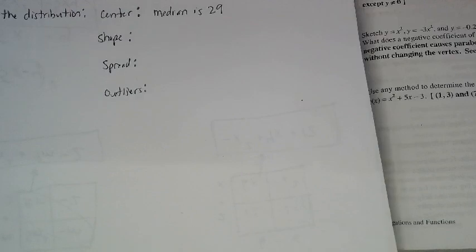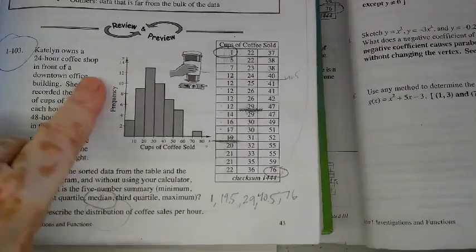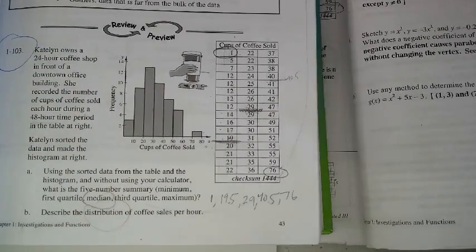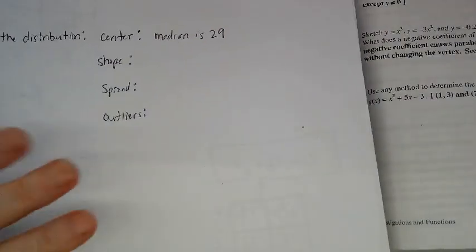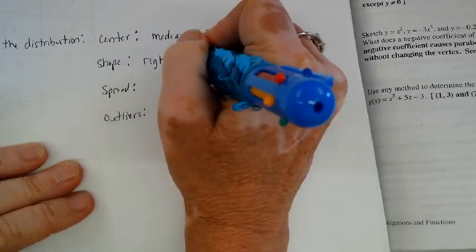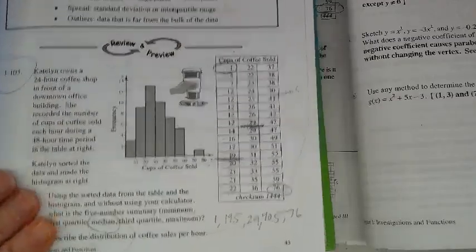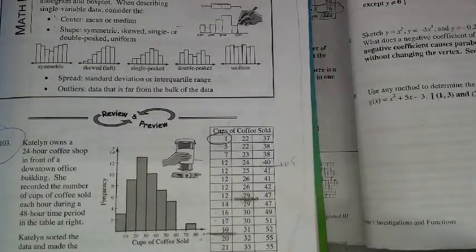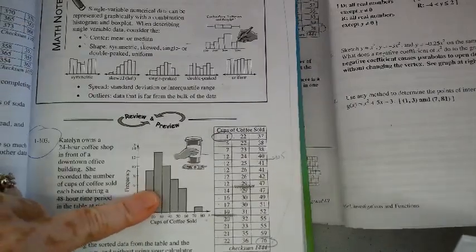And then the shape, I feel like it's skewed, like there's taller bars to the left, but I think that means it's skewed right. So we're going to say it's right skewed. Because if that's left skewed, then this would be right skewed, okay?